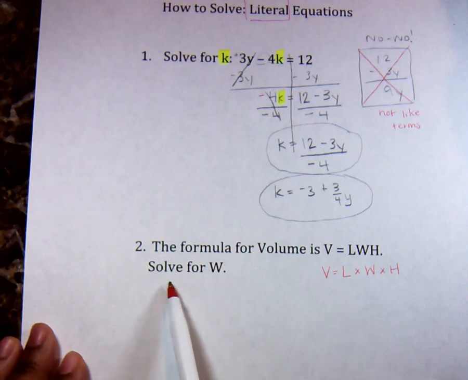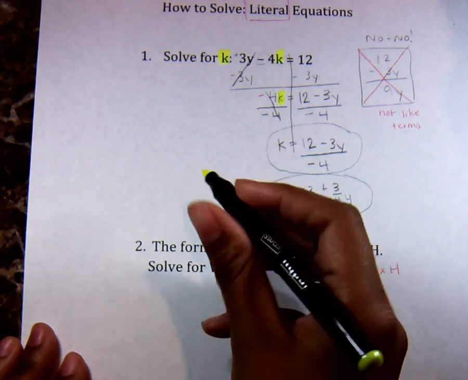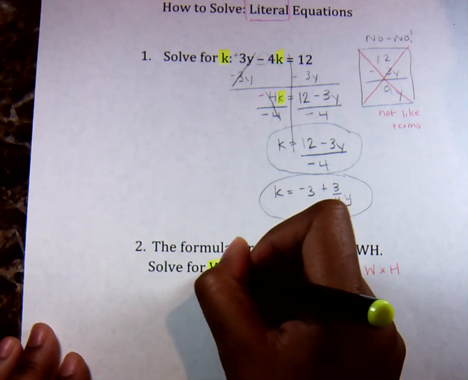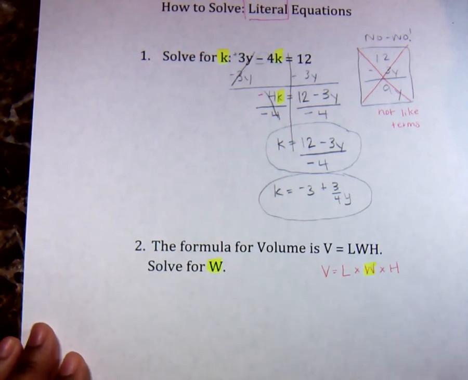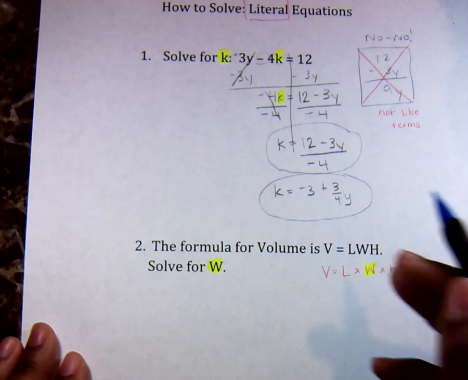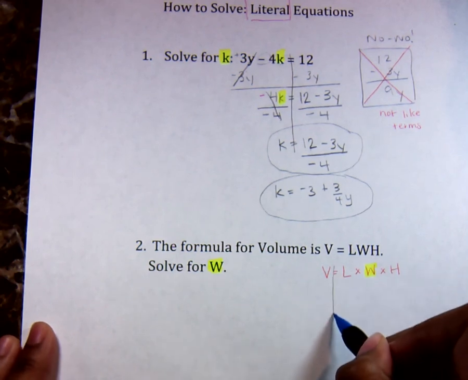So now the problem tells us to solve for W. As you guessed it, I'm going to go ahead and highlight my W in my directions and my W within my problem. Next step, which we're becoming very familiar with by now, is to draw the line.